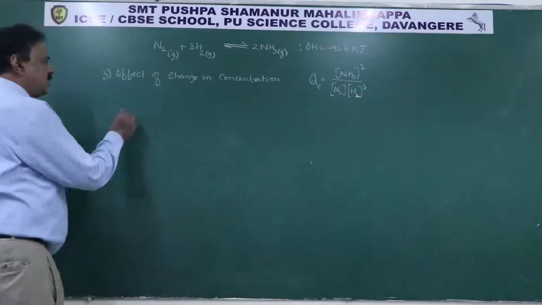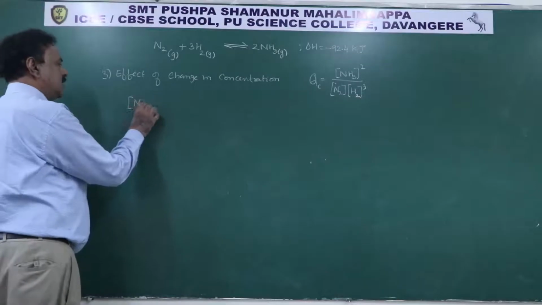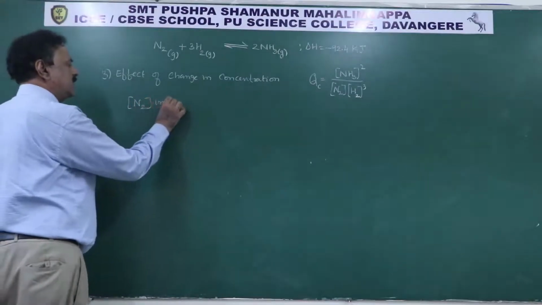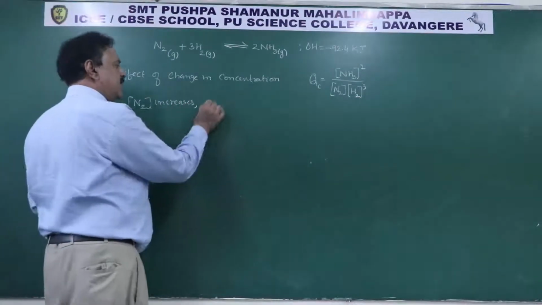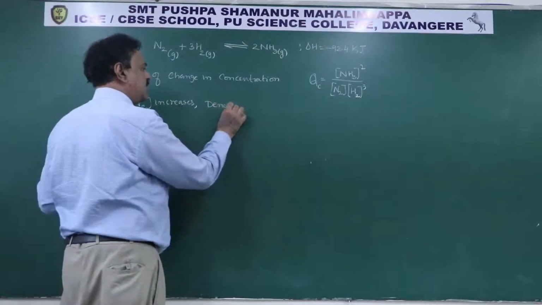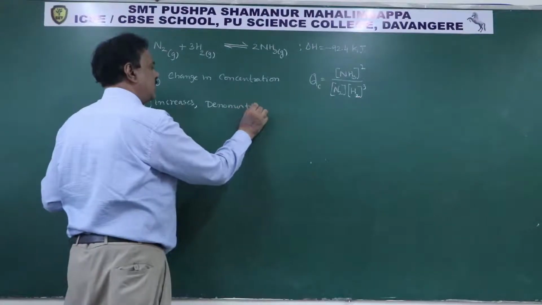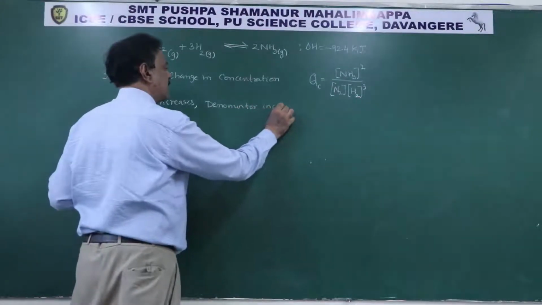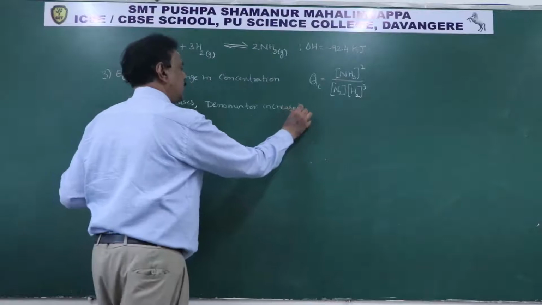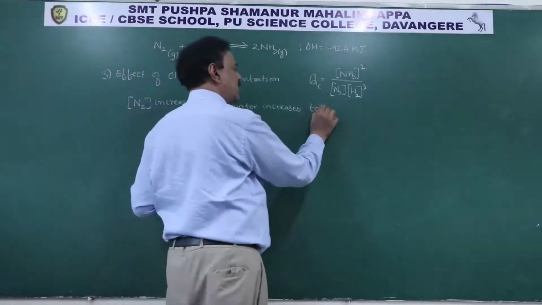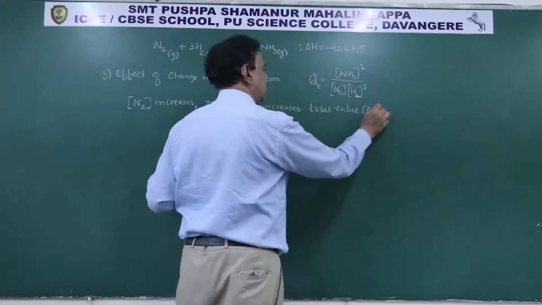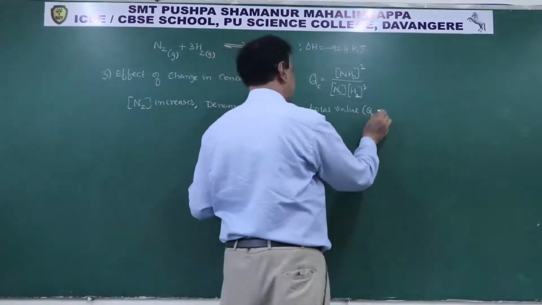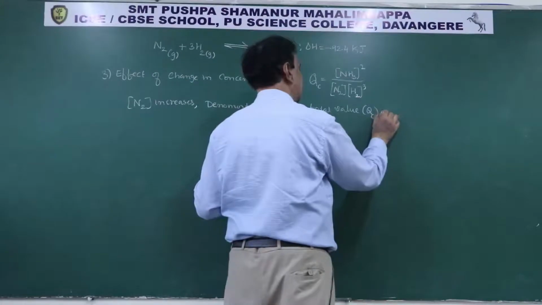Whenever the concentration of nitrogen increases, what happens? The denominator increases, so the total value, QC, decreases.